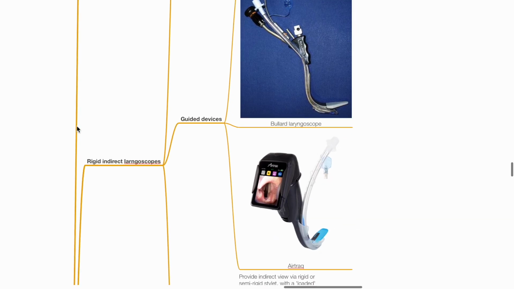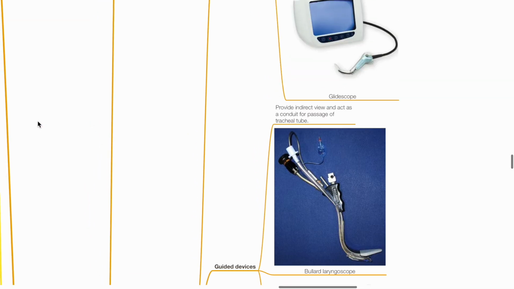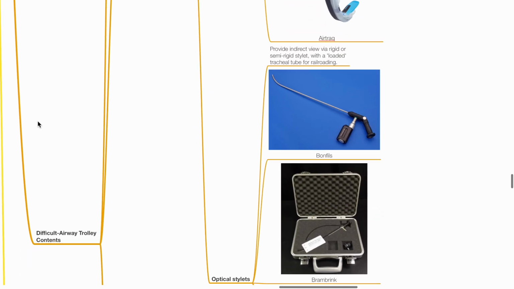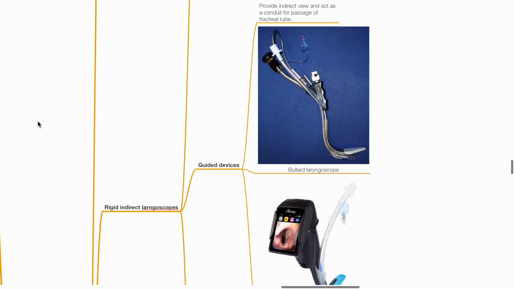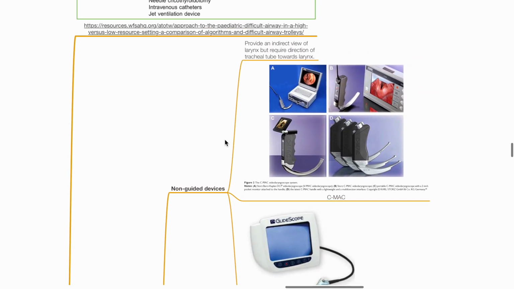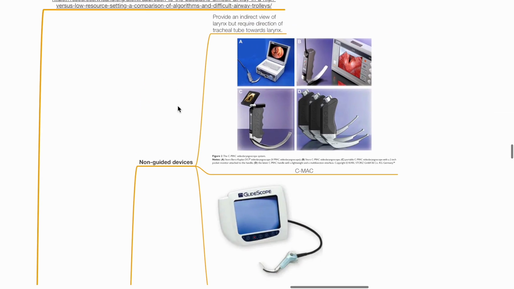Regarding rigid indirect laryngoscopes, these can be divided into non-guided devices, guided devices, and optical stylets. Examples of non-guided devices include C-MAC and GlideScope, which provide an indirect view of the larynx but require direction of the tracheal tube towards the larynx.